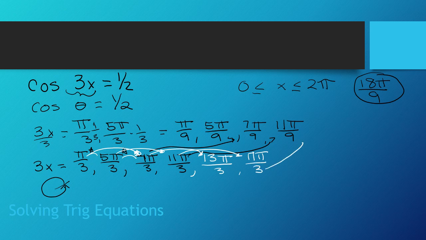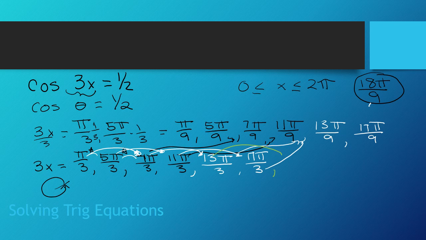So these become our two new terms, and we get 13 pi over 9, and we get 17 pi over 9.